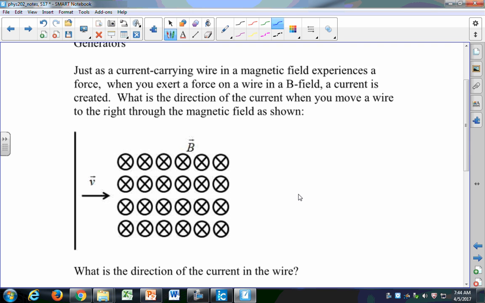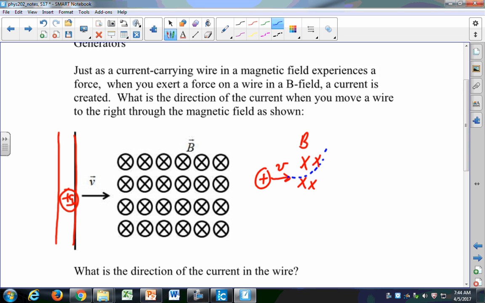You can imagine if I have charges within this wire right here, and I force them through this magnetic field, I have a positive charge with a velocity going through a magnetic field like that. We've already found that that experiences a force, and that force is going to cause it to move in the upward direction by our right-hand rule. We can calculate what that force is.